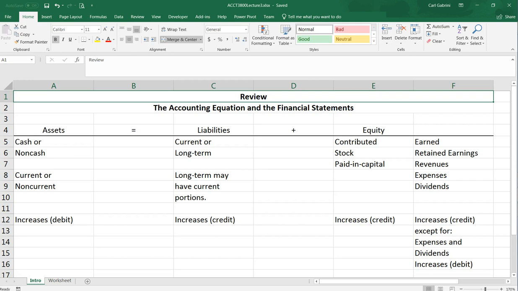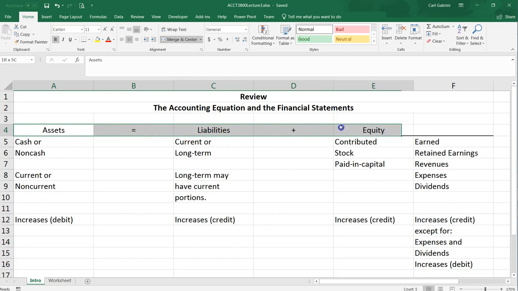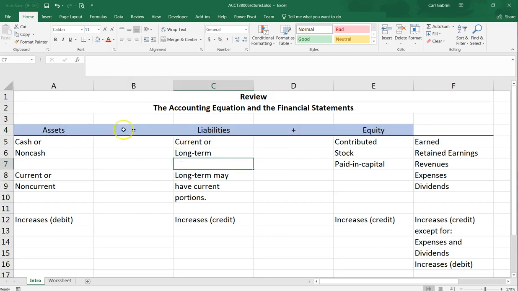In terms of the financial statements, the accounting equation actually represents all of the financial statements. When we look at assets, liabilities, and equity, in their simplest form, we'll just highlight that. That's essentially your balance sheet.